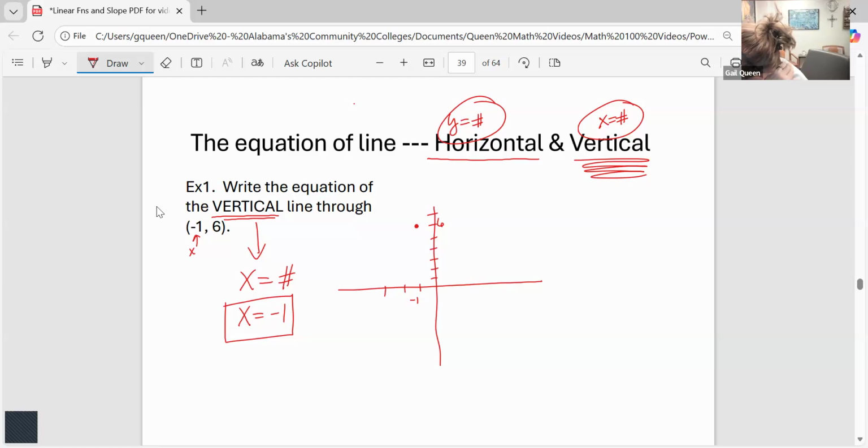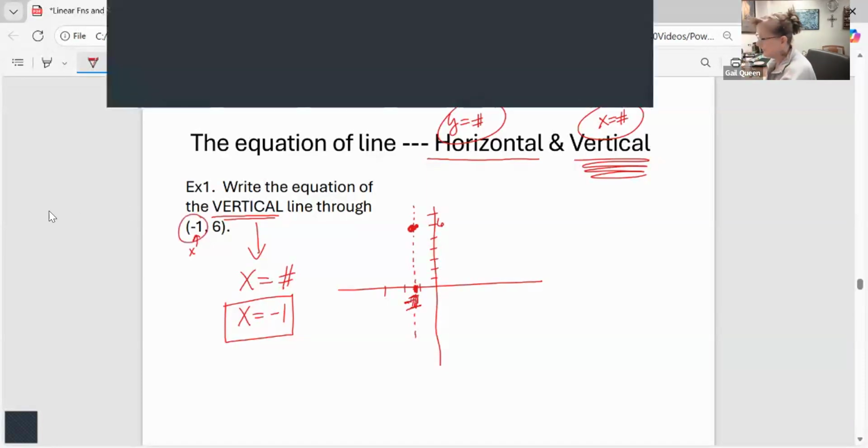And they want the vertical line that goes through that point. So I kind of missed my mark here on my axis. But do you see how that is going through -1 on the x-axis? Right there. If it goes through this point and it goes vertically up and down, it's going to go through -1. It is the x coordinate. That's the number that you're going to let it equal.